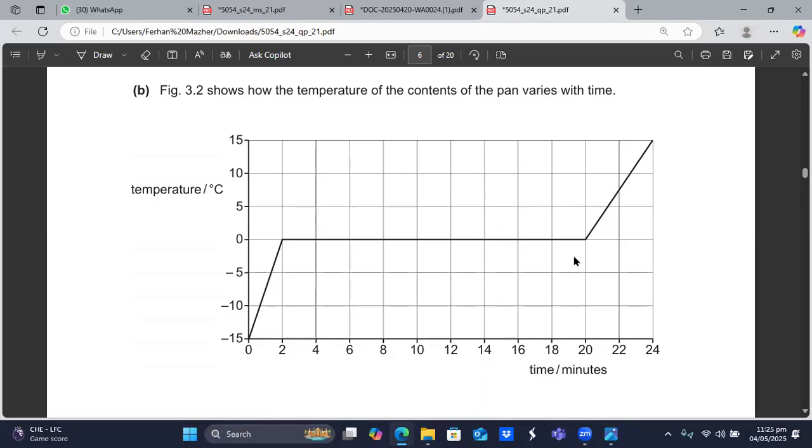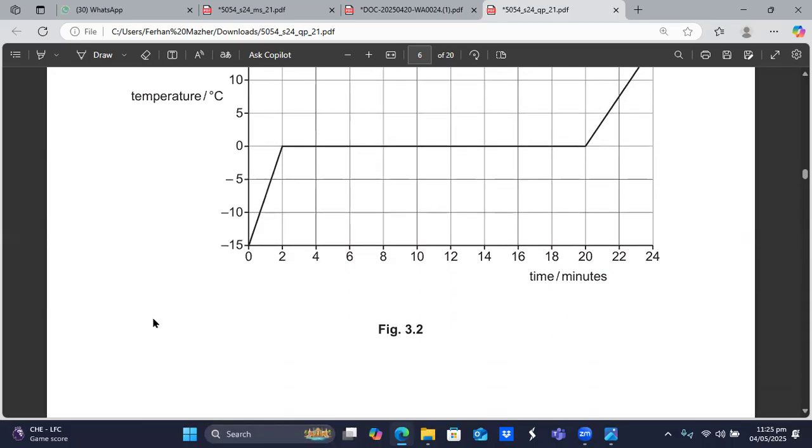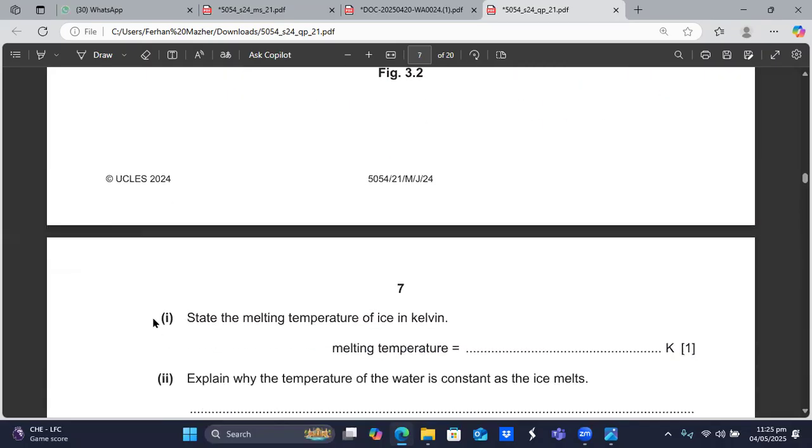Here the ice is melting, and the temperature does not change. At 20 minutes, the ice has melted completely, so it has converted into liquid. Then the temperature starts increasing again from 20 to 24 minutes, rising from 0 to 15 degrees centigrade. So this is the heating curve for the ice cubes.